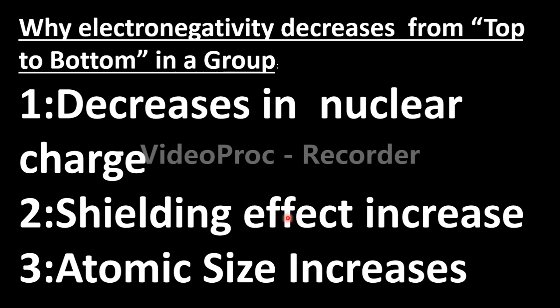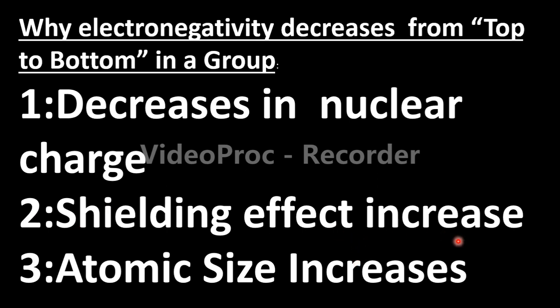The valence electron is further away from the nucleus. Basically, the valence electron is shielded from the nucleus. So that's why it is called the shielding effect.